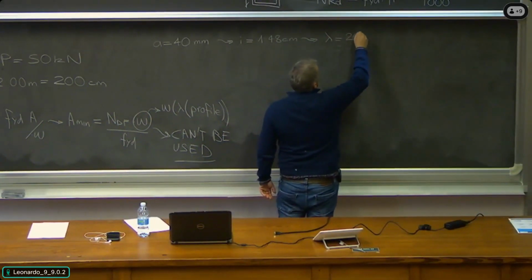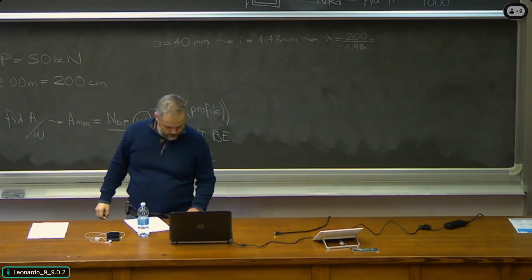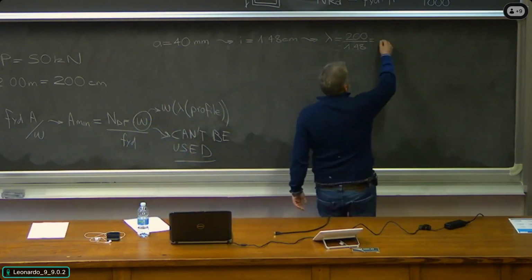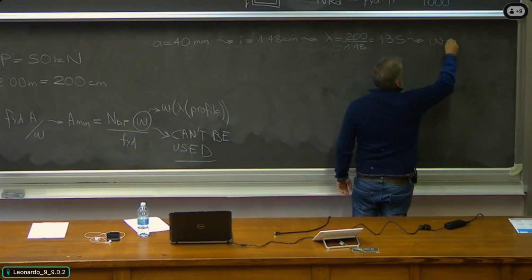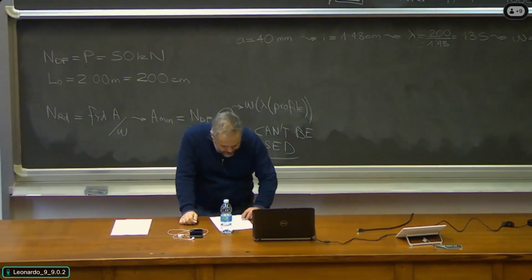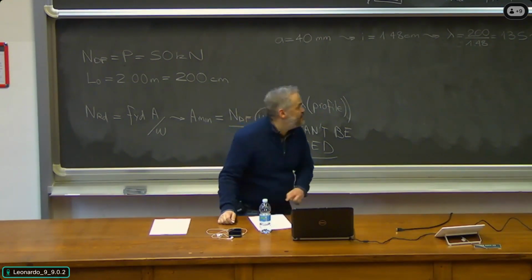It's 200 divided by 1.48, which means 135. Which means omega will be what? Again, in the table, 130, then 0, 1, 2, 3, 4, 5: 2.49, okay?